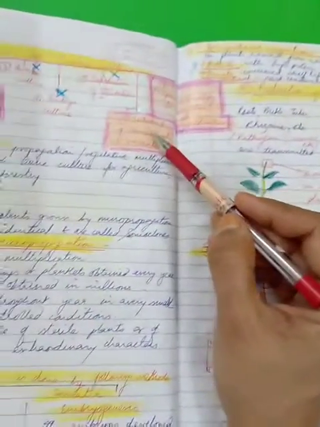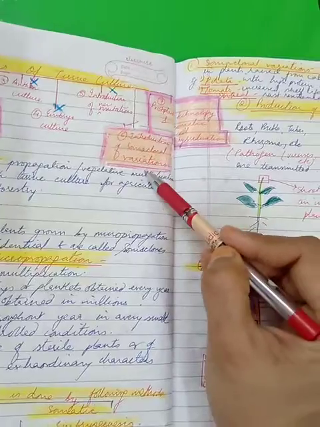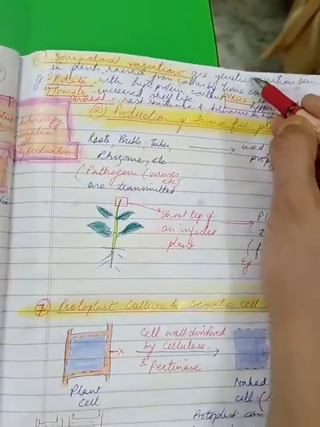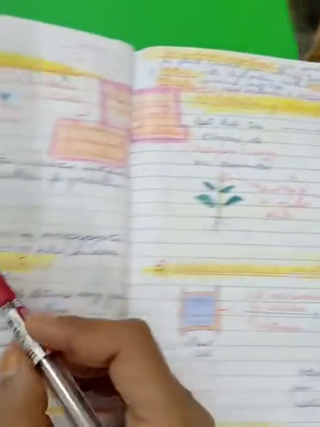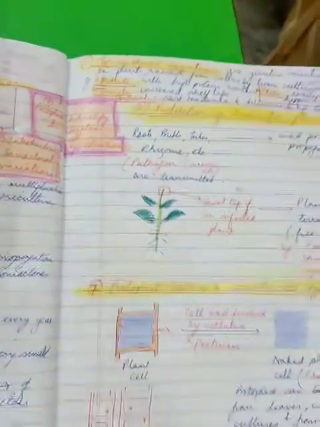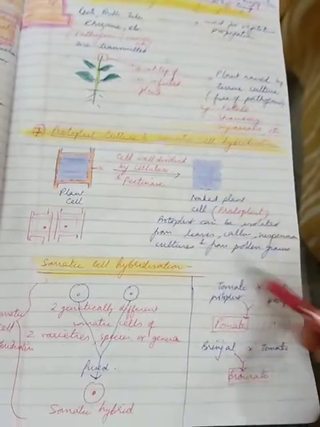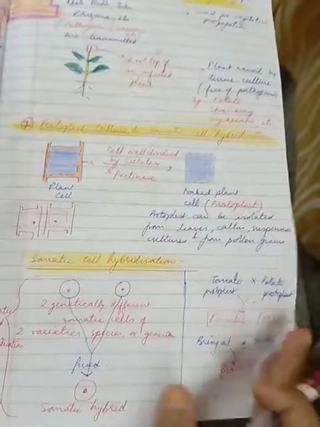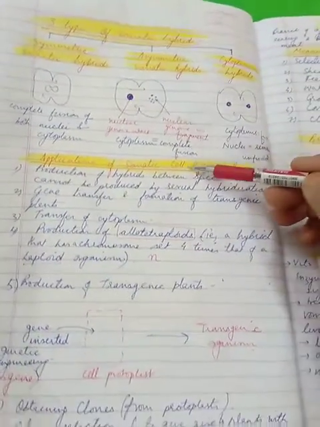Then the third was introduction of somaclonal variations, which is here at the top, and the definition of somaclone I have already given here. And the last was protoplast technology and somatic cell hybridization. It begins here. Protoplast culture, somatic cell hybridization, and then types of somatic hybrids and applications. That is why it is important.